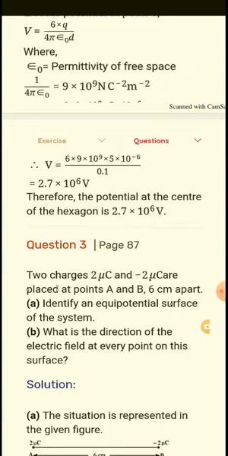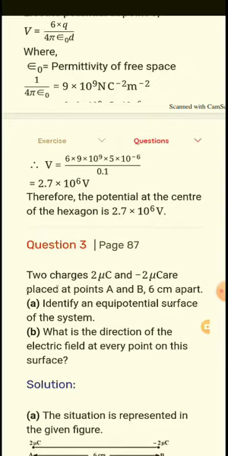If you substitute it in the formula, V is equal to 6 into 9 into 10 to the power of 9, which is the value of 1 divided by 4 pi epsilon naught, and Q value 5 into 10 to the power of minus 6, divided by D, which is 0.1.